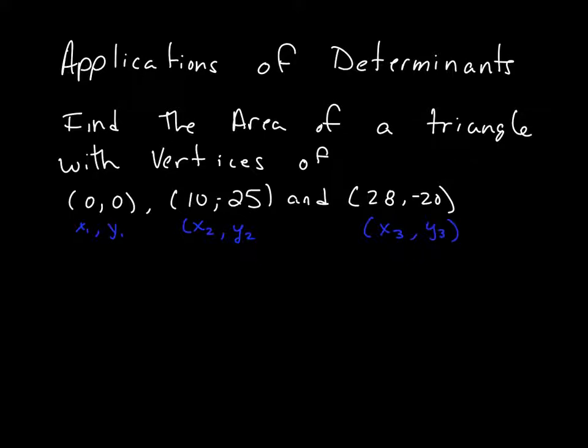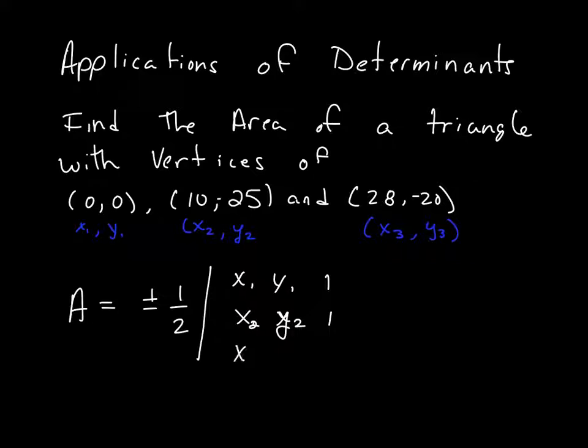Now we need this because the formula for the area of a triangle is equal to plus or minus 1/2 of the determinant of all of the different coordinate pieces: x1, y1, x2, y2, and x3 and y3.